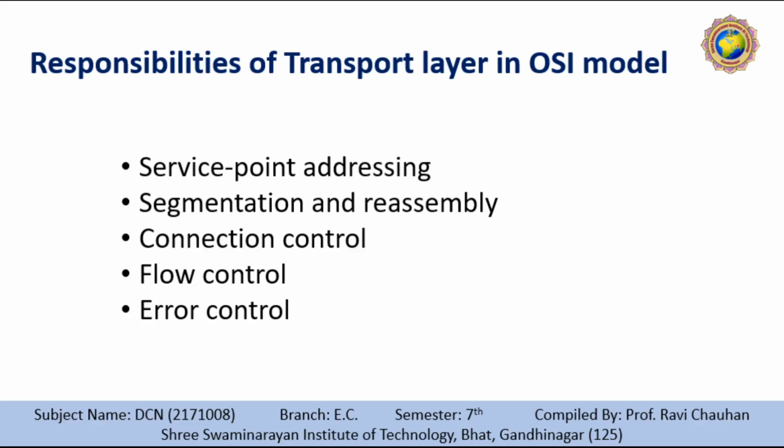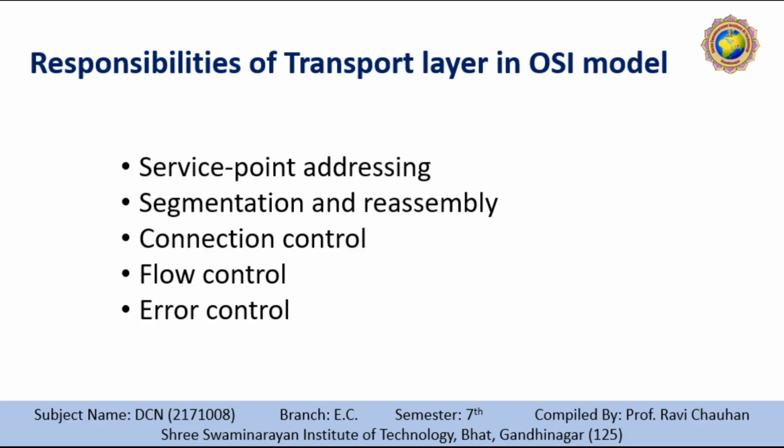As I already gave you the example of a PDF viewer, running as an application on one node, and another PC having the same PDF viewer application running. The transport layer header must therefore include a type of address called a service point address or port address. The network layer gets each packet to the correct computer, and the transport layer gets the entire message to the correct process on the computer.